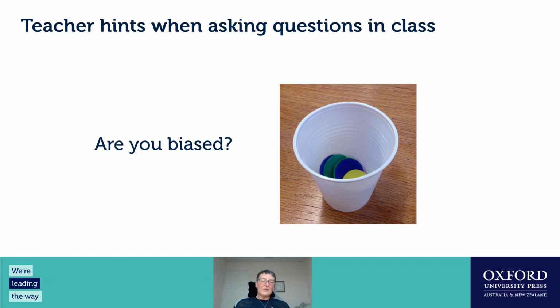Now, this one I was made aware of. There's two parts to this one. Are you biased? I once sat in the back of a class of a teacher just doing normal teaching, normal observations, and just as an interest thing, worked out which side of the room the teacher was asking the most questions.